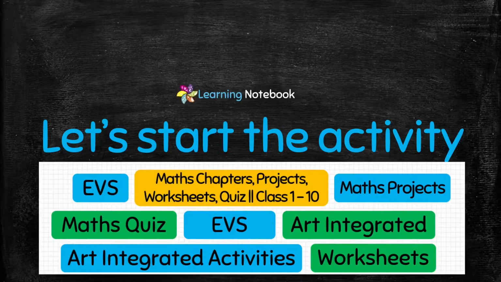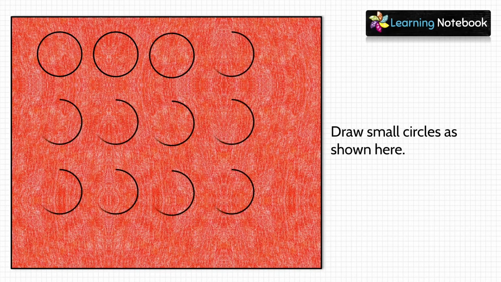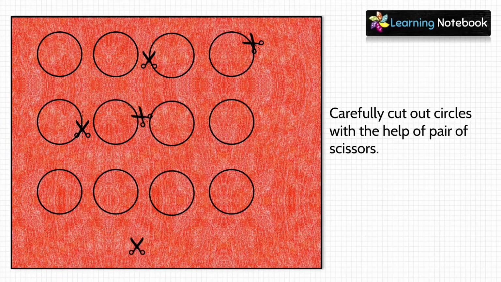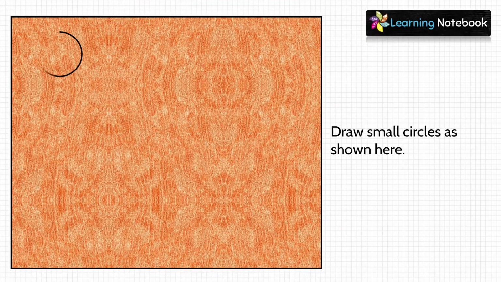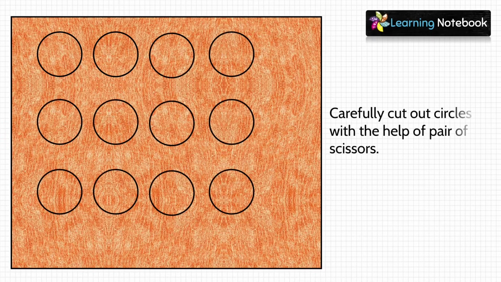Now let's start with our activity of data handling. In the first step, take a red sheet of paper and draw small circles on it as shown here. Then carefully cut out these circles with the help of pair of scissors. In the next step, let's take an orange colored sheet and again we will draw small circles on it. And then we will cut out these circles with the help of pair of scissors.